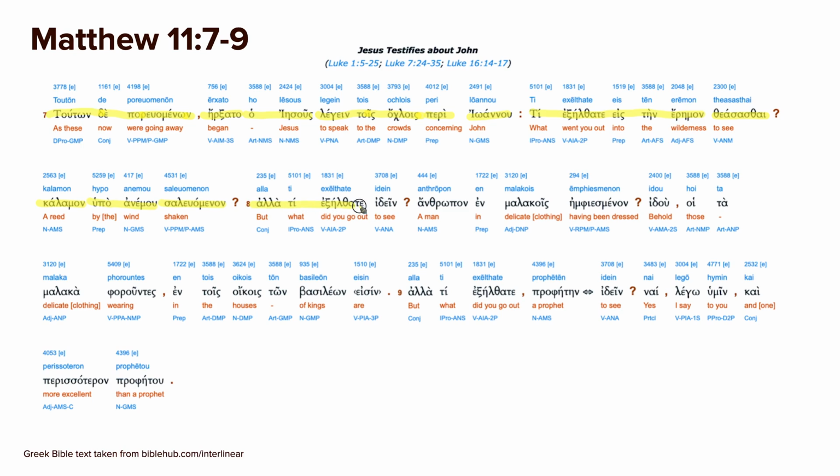Allah ti ex eilthate edain. Anthropon en malakois emphiesmenon idu hoi ta malaka foruntes en tois oikois ton basileon esin. Allah ti ex eilthate prophetein edain? Nay, lego humin kai perisateran prophetu.